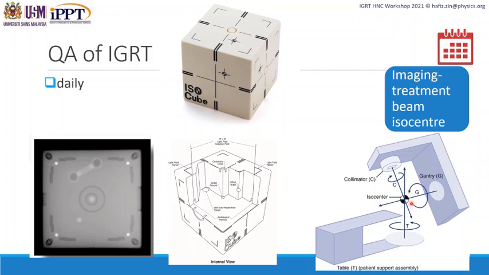And we also match this isocenter with the laser reference in the room. So in order for us to check this imaging and treatment beam isocenter accuracy or coincidence, one of the phantoms that we can use is this cube phantom, which has a radio-opaque marker at the center of the phantom.